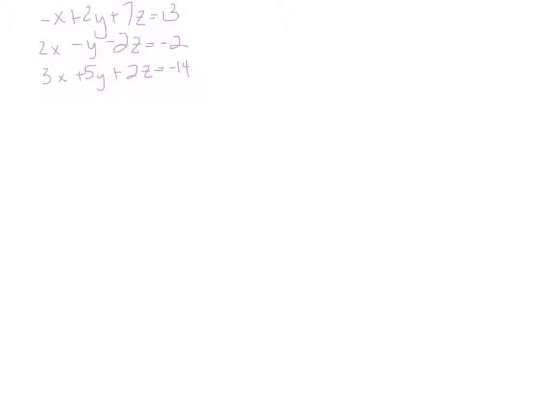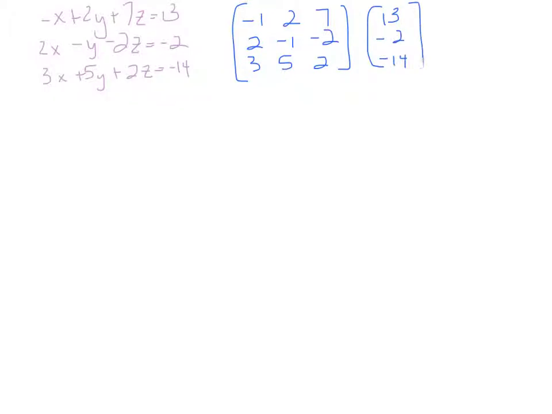The first thing you want to do is set up your two matrices. I need a coefficient matrix, which is -1, 2, 7; 2, -1, -2; 3, 5, 2. And I need a constant matrix, which is 13, -2, -14.